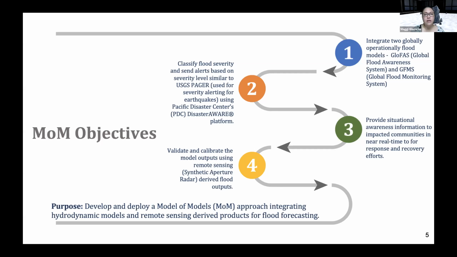We then classify flood severity and send alerts based on the severity level, similarly to the USGS PAGER severity alert for earthquakes, and we use the PDC Disaster AWARE platform to do this. This then provides situational awareness information for impacted communities in near real time for response and recovery efforts. We then validate and calibrate these models using synthetic aperture radar and other Earth observation derived flood outputs.